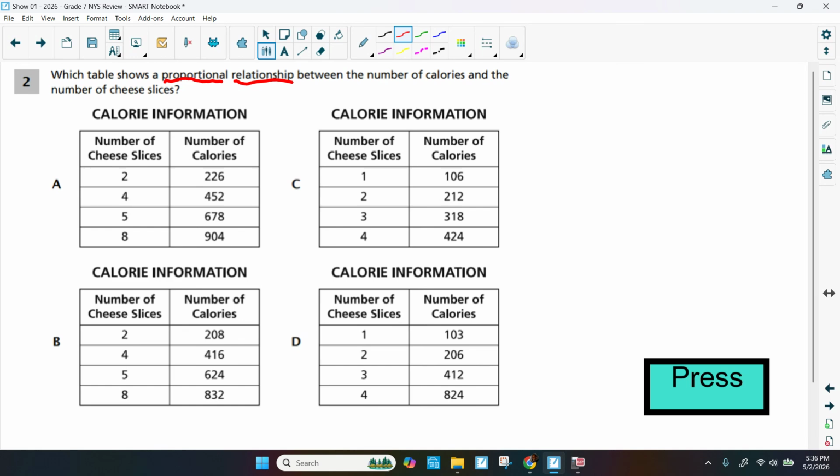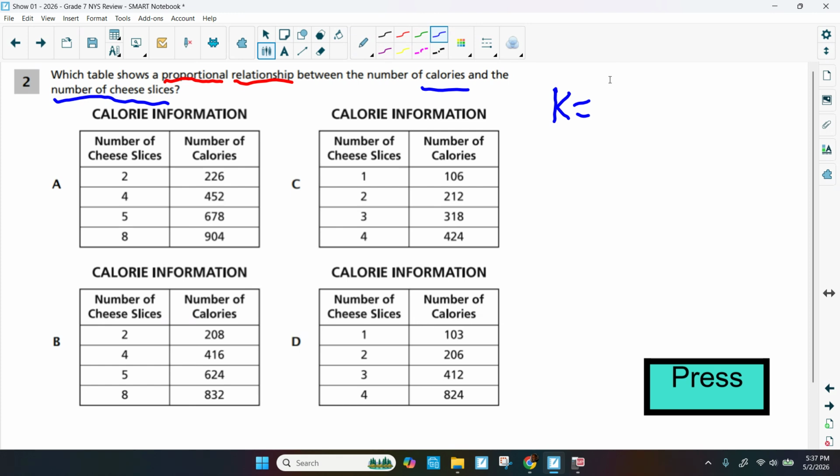So they're giving us calories and the number of cheese slices. When we talk about a proportional relationship, that means there's a number called K, the constant of proportionality, or unit rate.